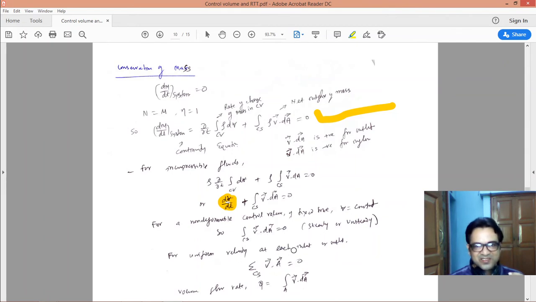If it's a uniform velocity and there are many inlets and outlets, suppose two inlets A1 and A2 and one outlet 3, then minus v1 A1 minus v2 A2 plus v3 A3 equals 0. In this way we can use the conservation of mass for any control volume problem.